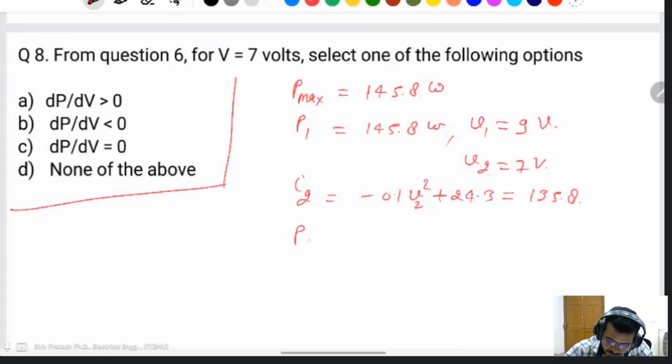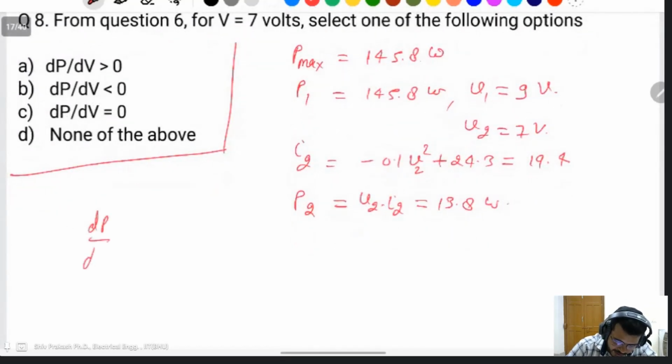Then what is the power? V2 into I2. Sorry, this one is 19.4, then multiplied by 7, it will be 135.8 watt.